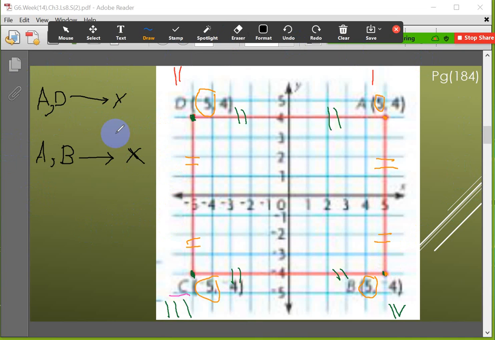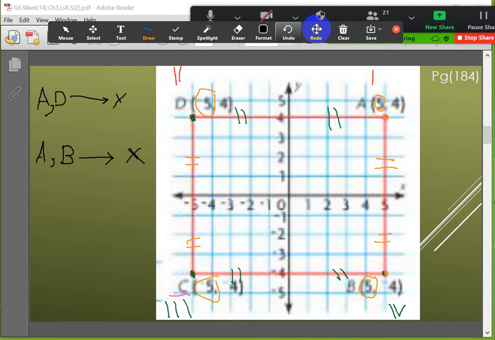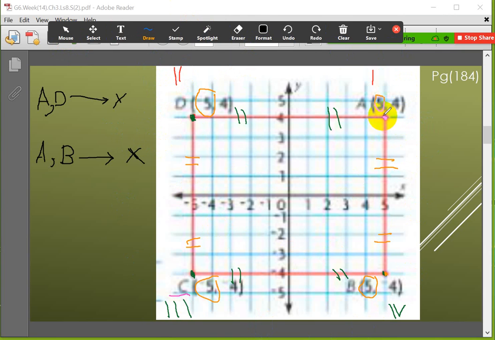Okay, girls, today we will not complete the lesson because we will complete it on Sunday, and we will solve exercises about this idea. Okay, I will repeat again, girls. When the x is the same, like A and B, x is 5 and 5, and the y is 4 and -4, that means the line of symmetry for those 2 points is the x-axis.